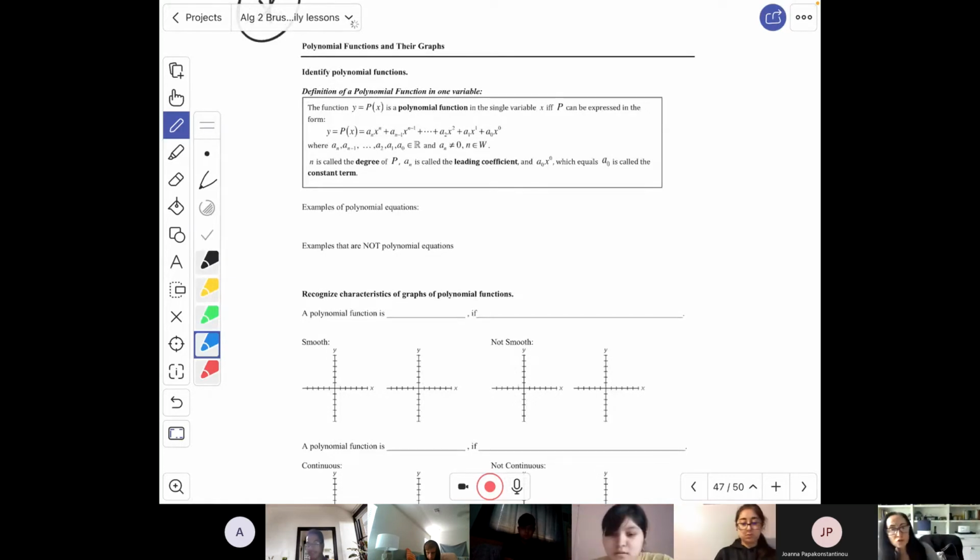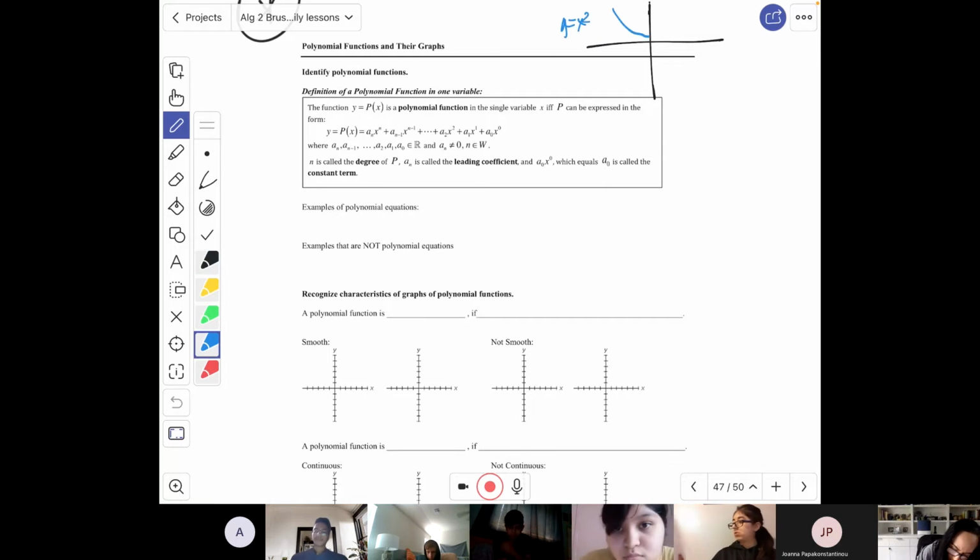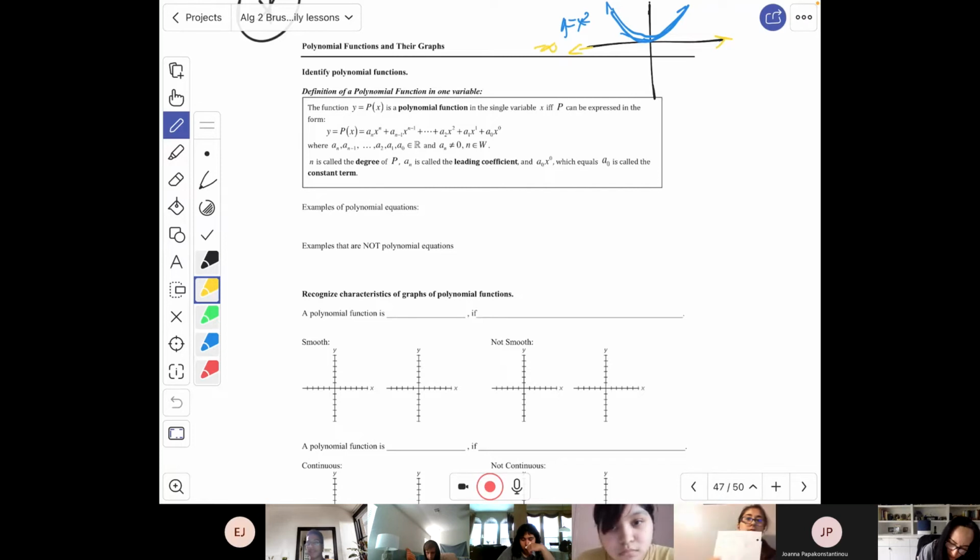And what this has to do with is what's known as end behavior. What happens, for example, in the far tails of a graph. So in other words, if I were to give you a graph, and let's say I give you y equals x squared, if I want to look at the end behavior, I'm looking at what happens when I go to positive infinity and what happens when the graph goes to negative infinity.